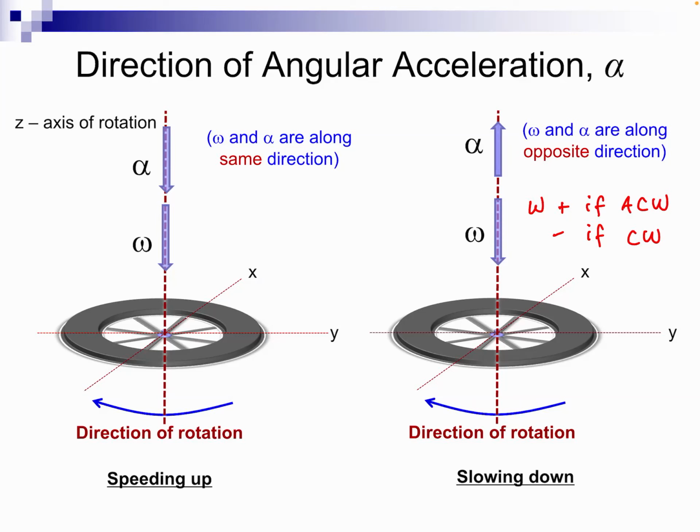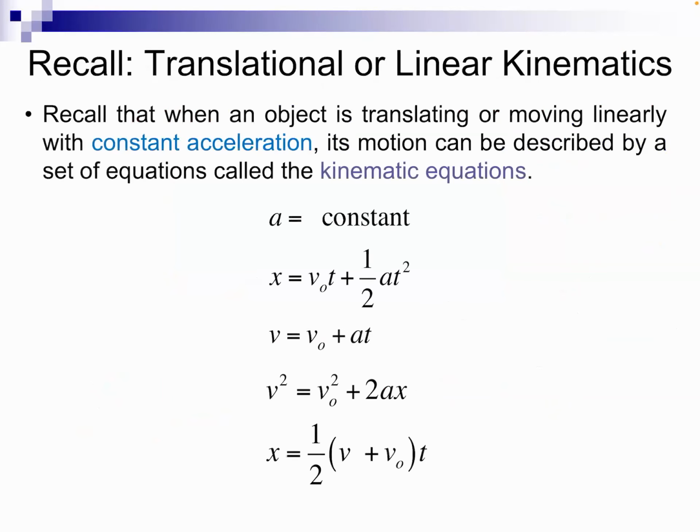So there is a lot of equivalency between linear kinematics and rotational kinematics. It makes sense that the kinematic equations we used for translational kinematics can be applicable to rotational kinematics, except that this time the object is rotating instead of moving in a straight line.